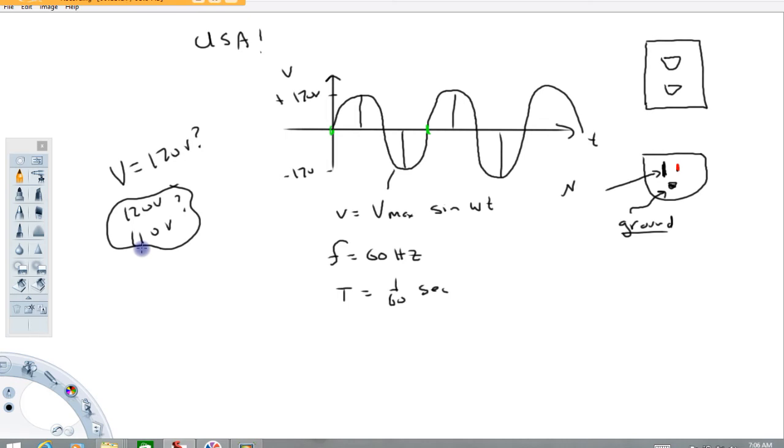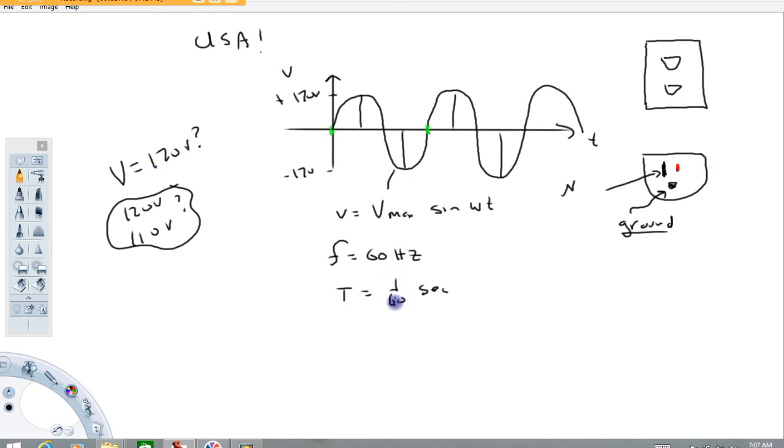So the real important points: the AC power grid of the United States is a sinusoidal power grid. It has a peak of 170 volts, a frequency of 60 hertz, and a period of 1/60th of a second. Now you notice I keep saying the United States. Other countries also use sinusoidal AC power grids. Europe uses a sine wave. However, their peak is much higher and their frequency is slightly different.